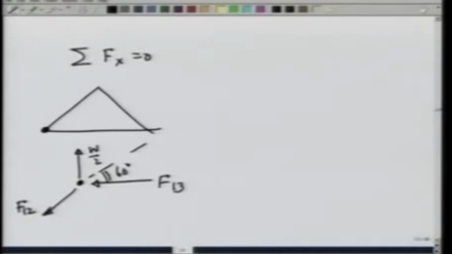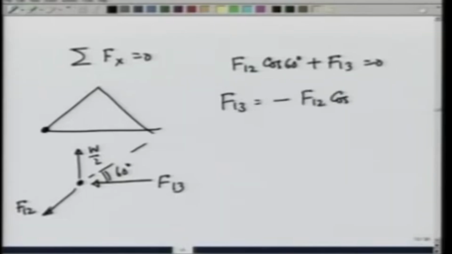I am going to have F 1, 2 cosine of 60 degrees plus F 1, 3 is equal to 0, or F 1, 3 is equal to minus F 1, 2 cosine of 60 degrees, which is nothing but minus F 1, 2 over 2.